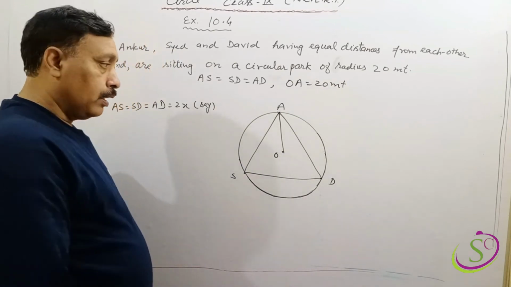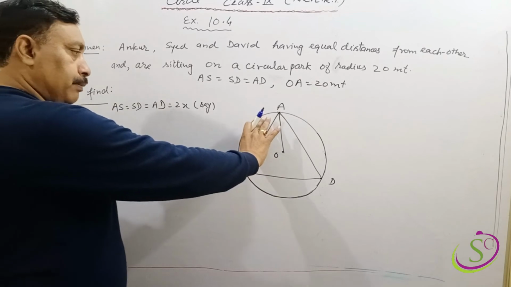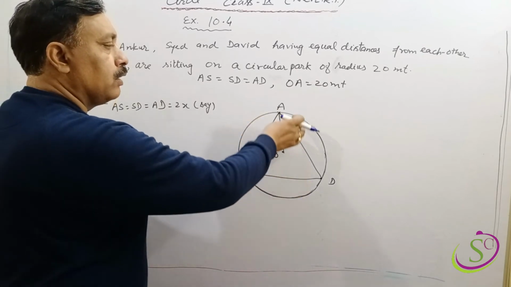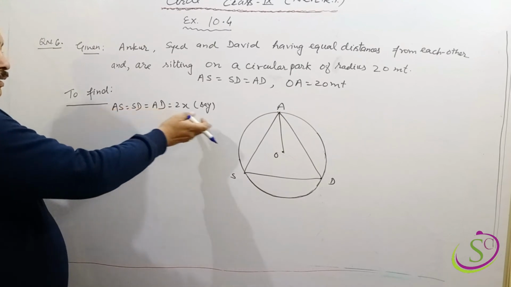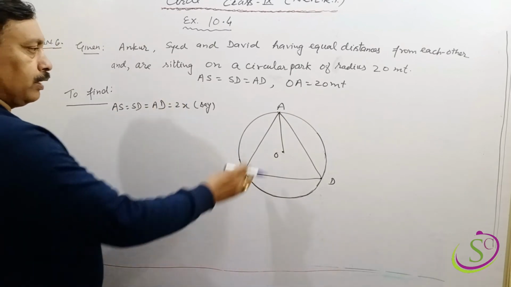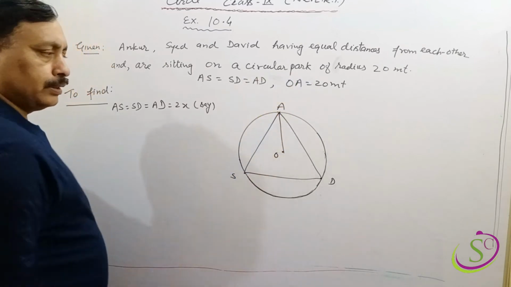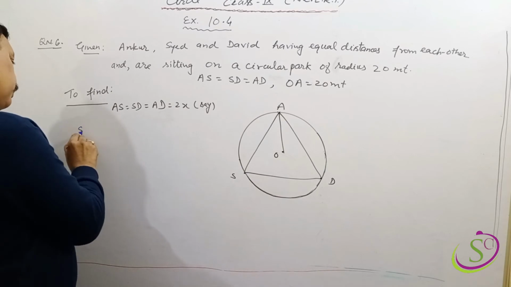Clear? And then we have to find the length of the string, means AS, SD or AD. So just suppose these three sides are equal to 2x. Clear? And OA is 20 meter is given to us. Clear? Solution.